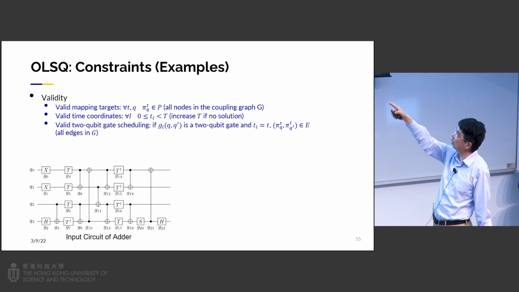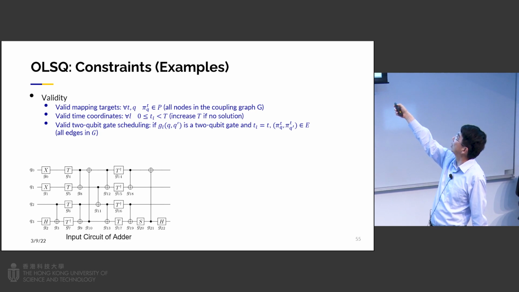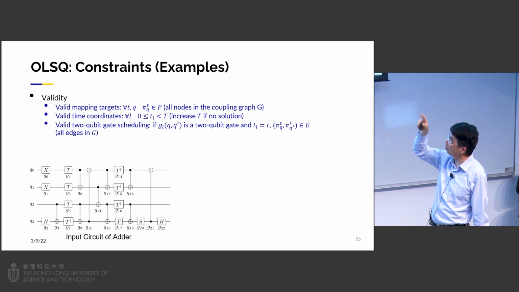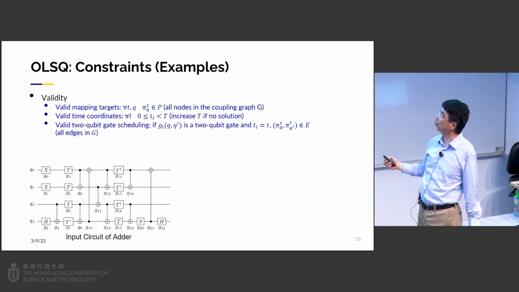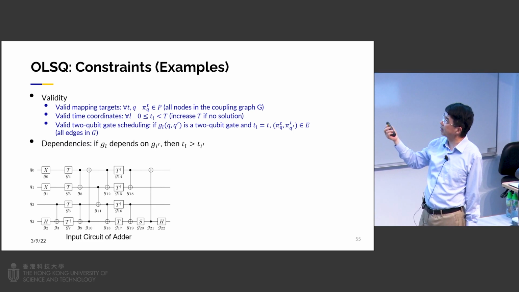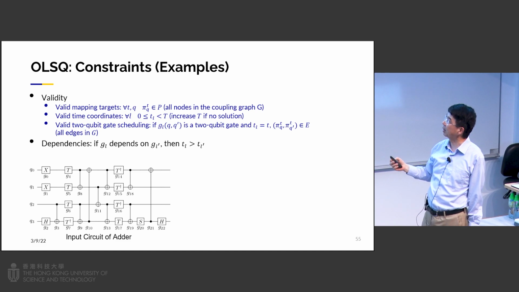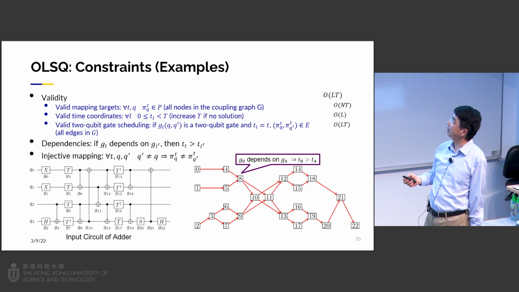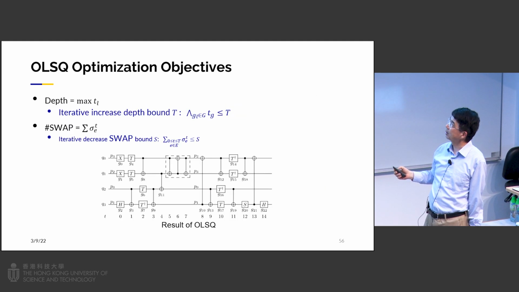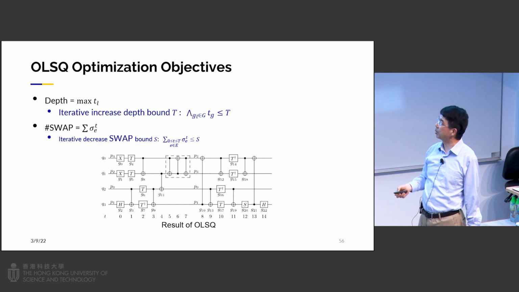And then if you have two-qubit gates, the two mapped physical qubits have to have an edge connecting them. So you can describe this using these equations, and the dependency can be described by the gate dependencies. So that's actually what we have. And then with all these constraints, we get to solve it as an optimization problem.